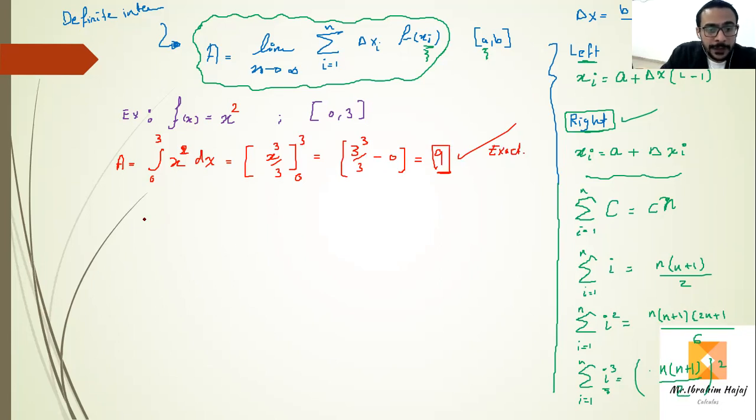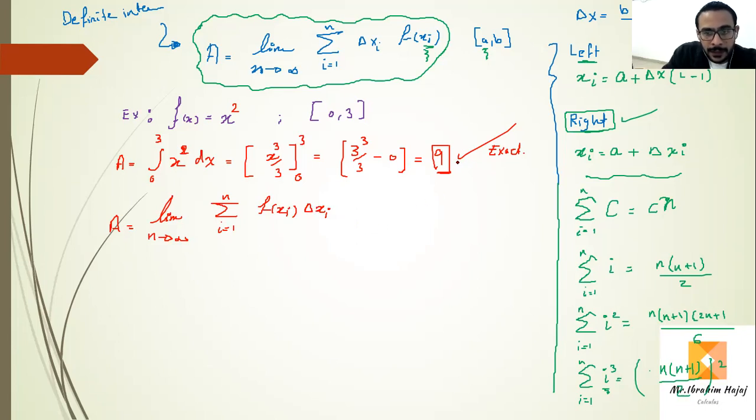Now, let's find the area by using the definition above, which is the limit as n approaches infinity of the summation, when i is 1 to n, of f of xi times delta x.